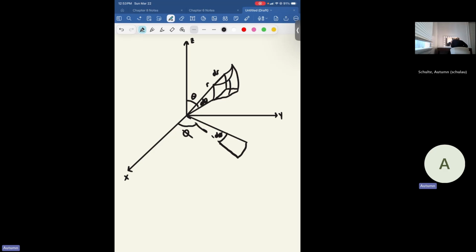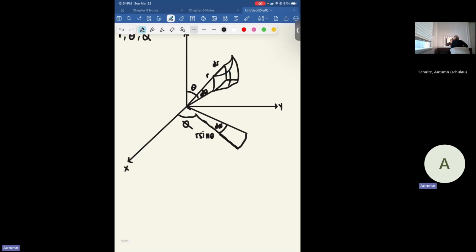And this length right across here is r sine theta. So our control volume has three components to it. It has r, theta, and phi. So we're going to start off by writing out an energy balance for this.